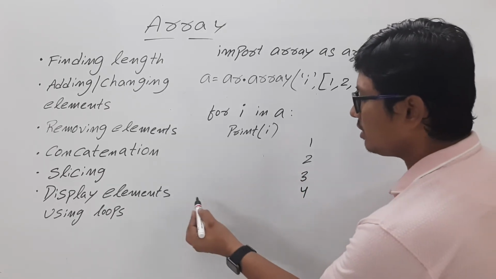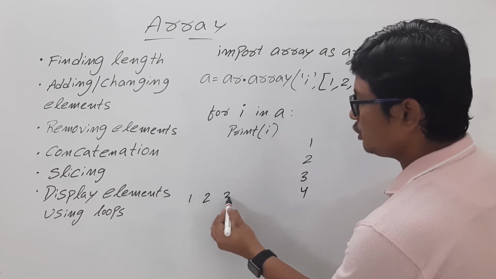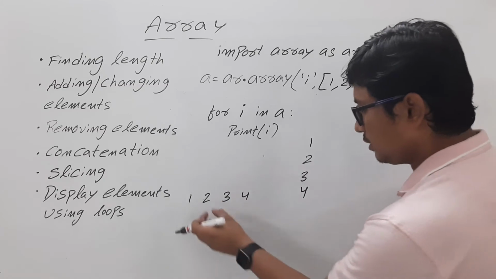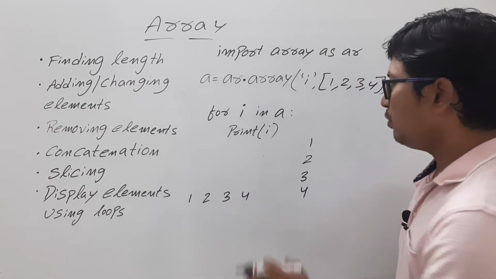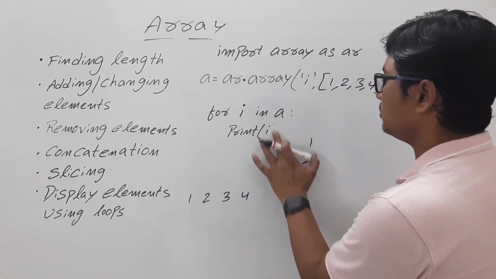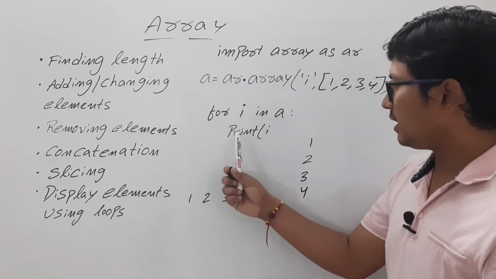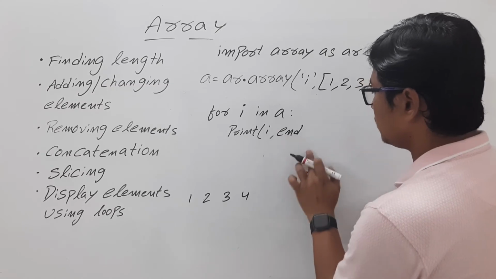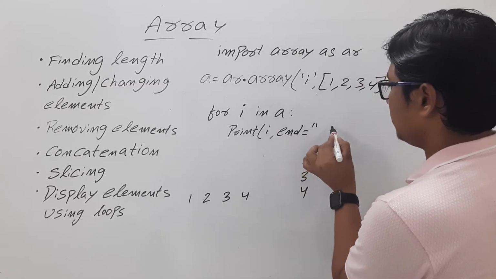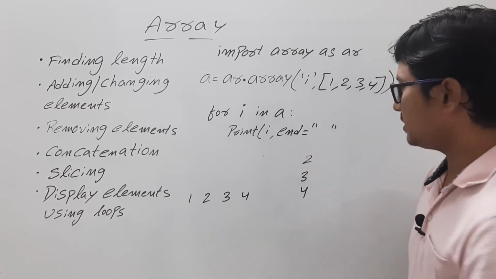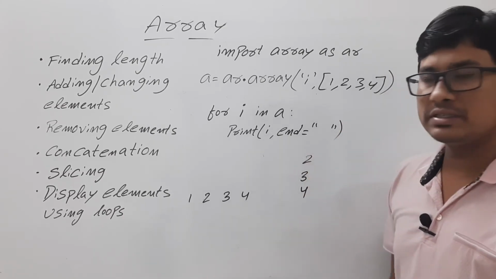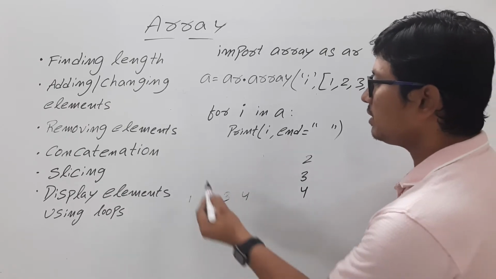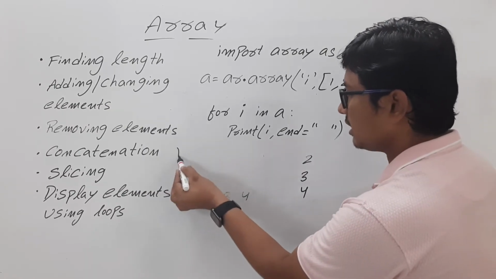If you want all the elements to be displayed like this, after printing 1 you should get a space, then 2, then 3. You can do it with a simple modification. You can write print i, end equals double quotes, give a small space, and close the double quotes. Usually the end is \n by default.